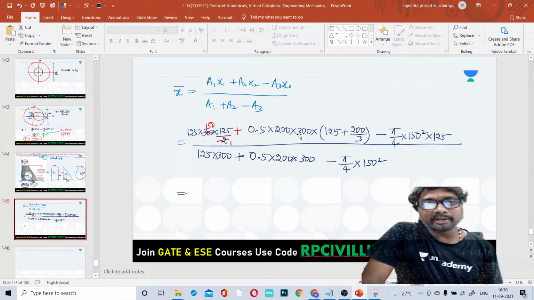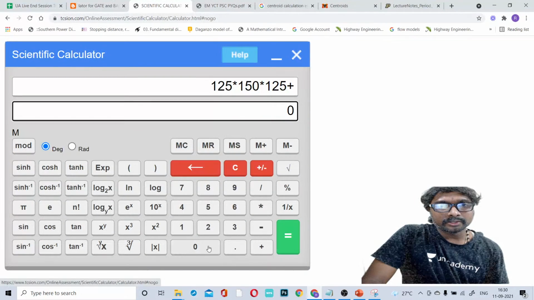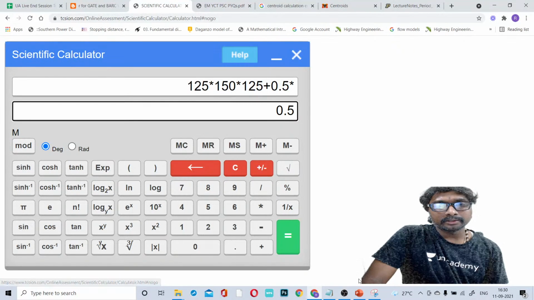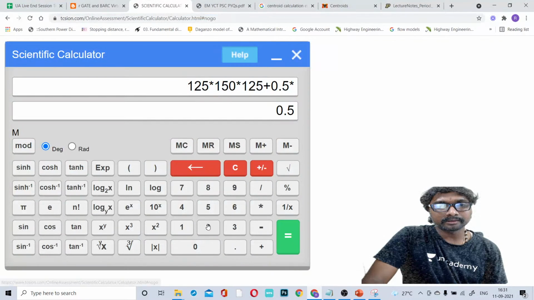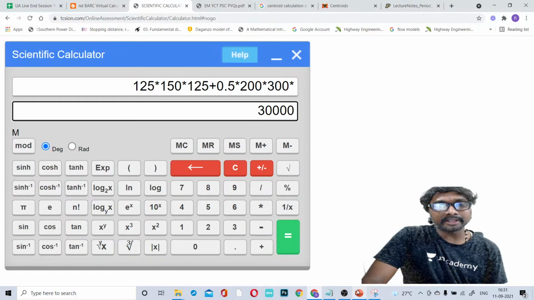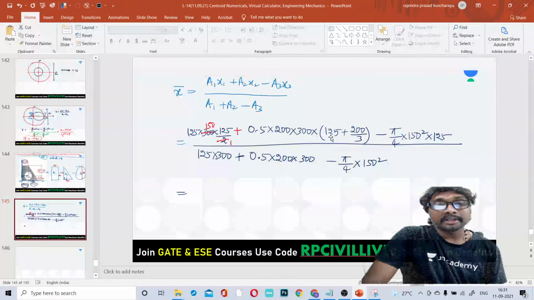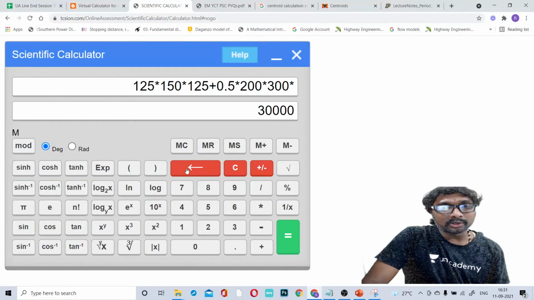0.5 into 200 into 300, into what you are having, if you observe, 125 plus 200 by 3, which we have to write separately.